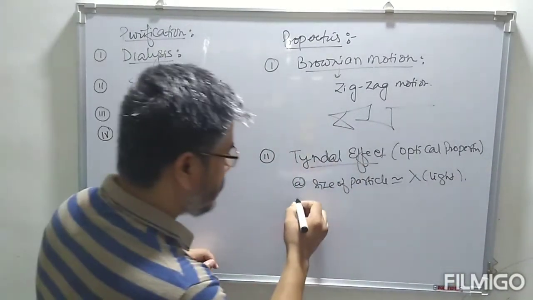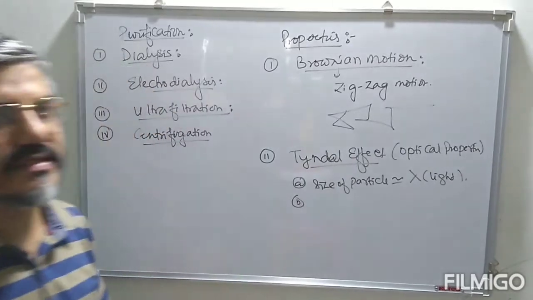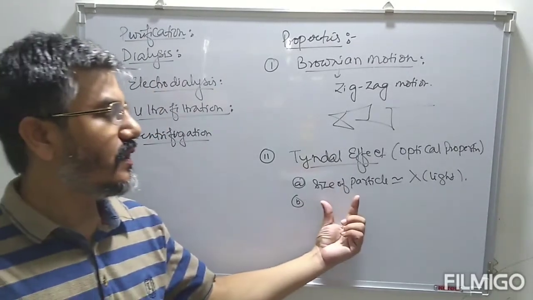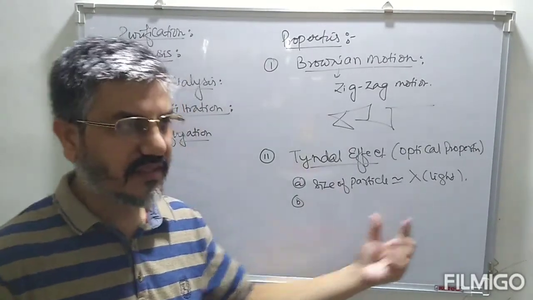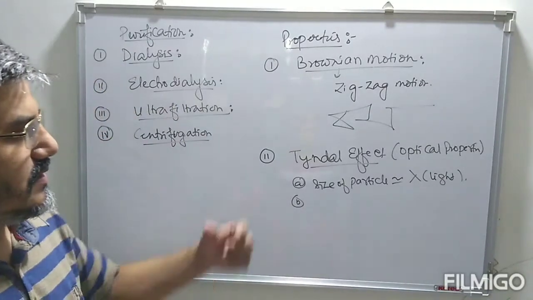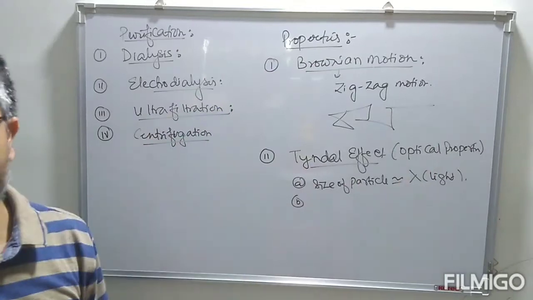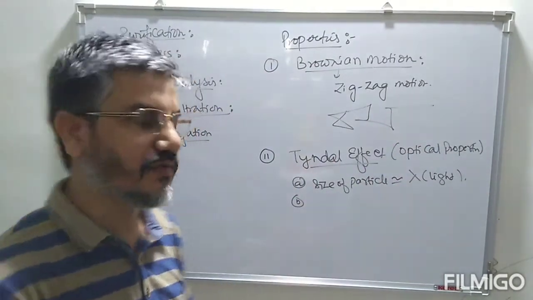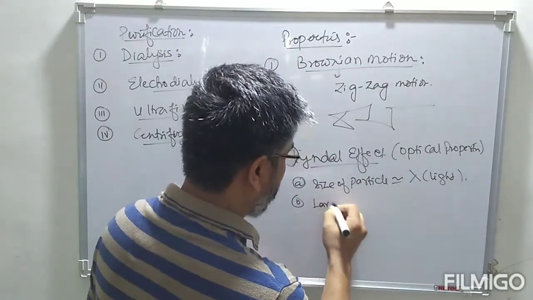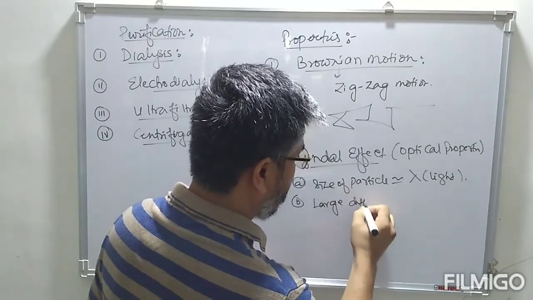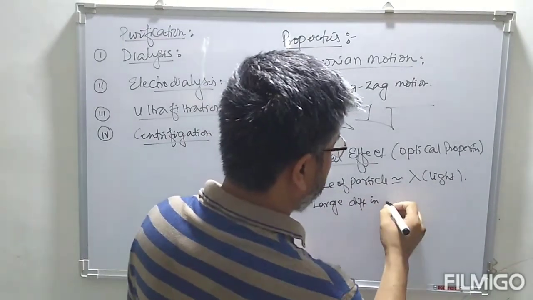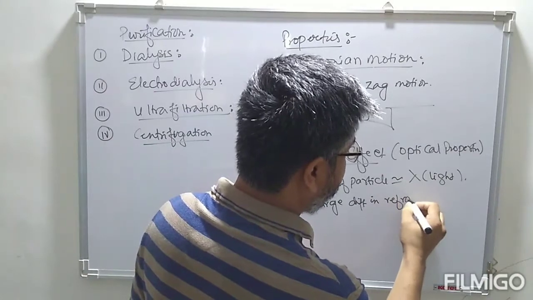The second condition required for this Tyndall effect is that the refractive index of dispersed phase and dispersion medium should differ by a large value.